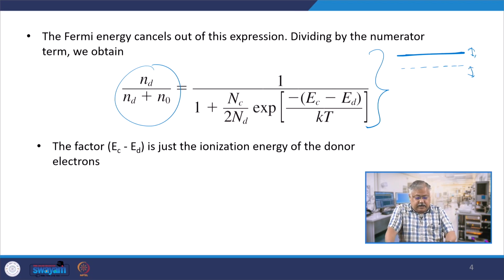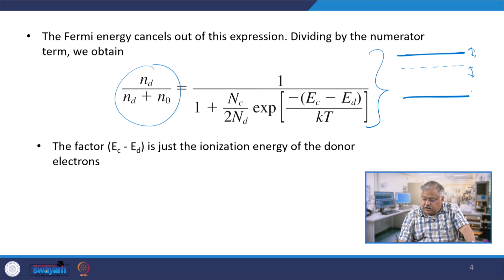Now EC minus ED is referred to as the ionization energy of the dopant species. Why? Because this is the minimum amount of energy which I have to give from an external source to the semiconductor, so that electrons from the donor species are able to migrate to the conduction band.